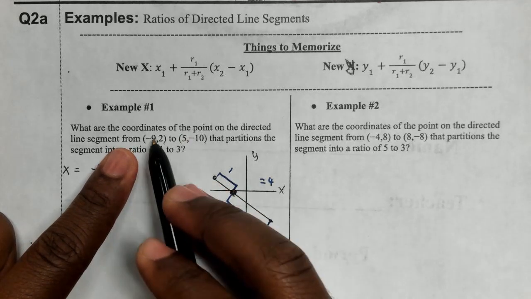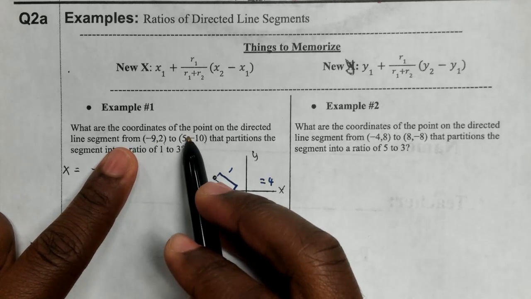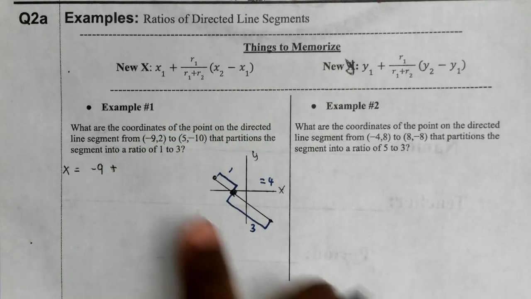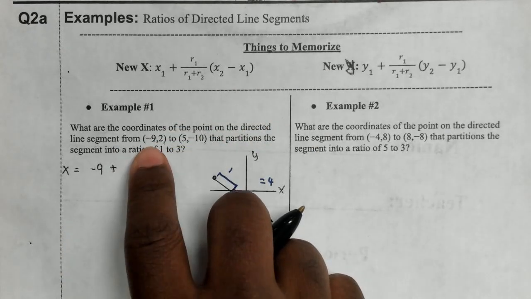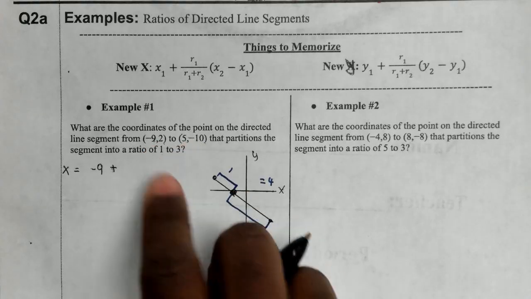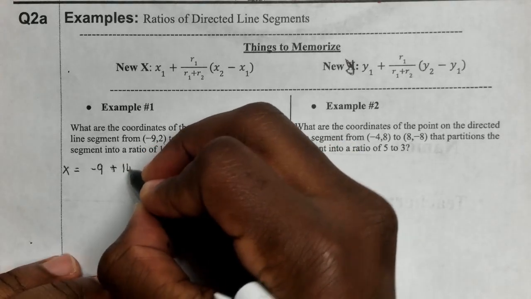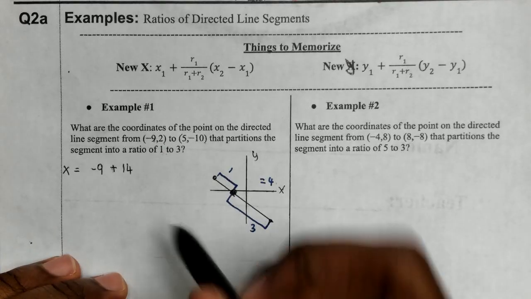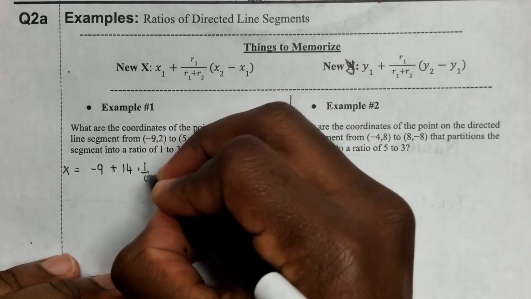We added 14. You could evaluate +9, that would bring it to 0, and then +5 would be 14. And we're trying to break it up in 1 part out of a total of 4 parts.